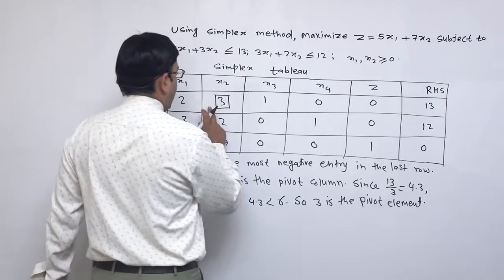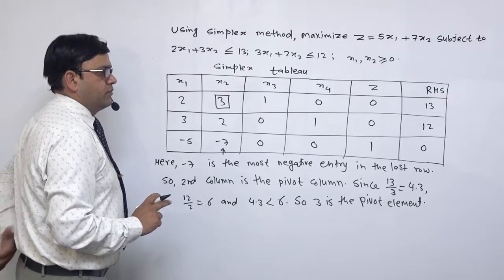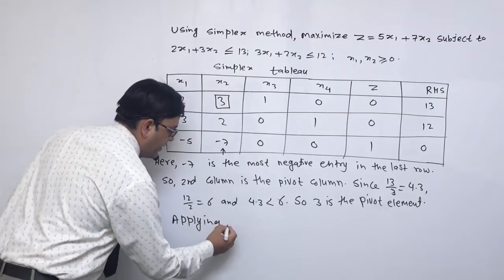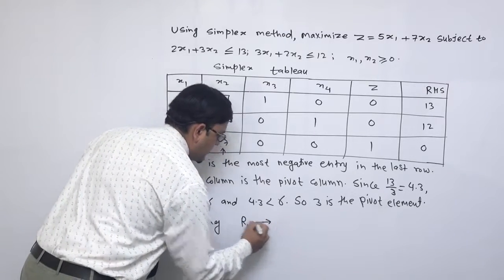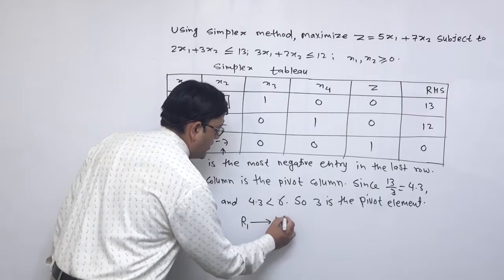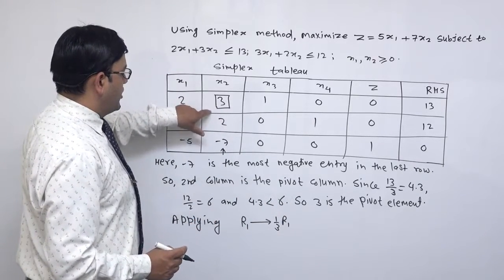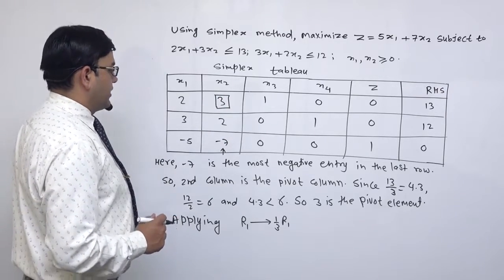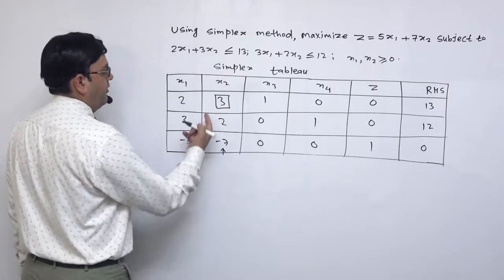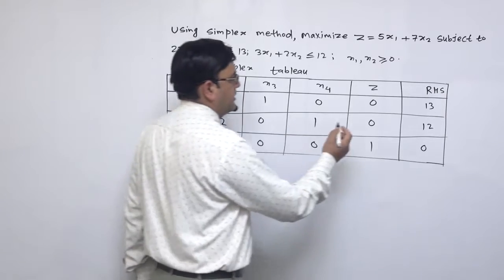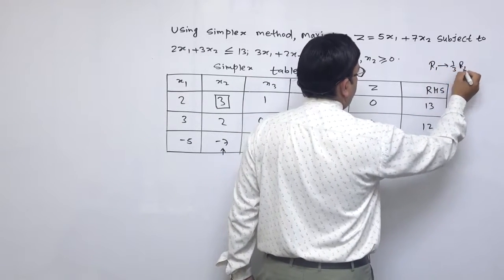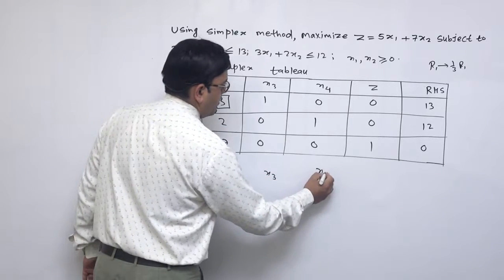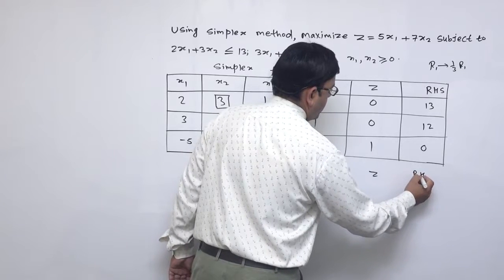To make it 1, we apply to the first row R1: R1 changes into 1/3 R1. If we multiply by 1/3, this 3 and 3 cancel and we get 1. We have to make the pivot element 1. So R1 changes into 1/3 R1. Now let's look again at x1, x2, x3, x4, z, RHS.